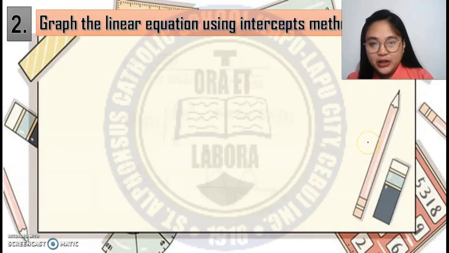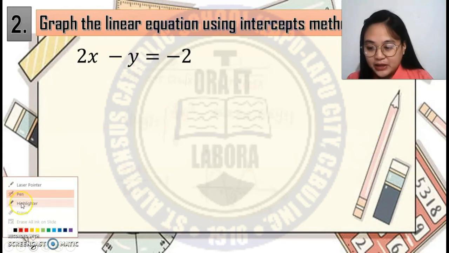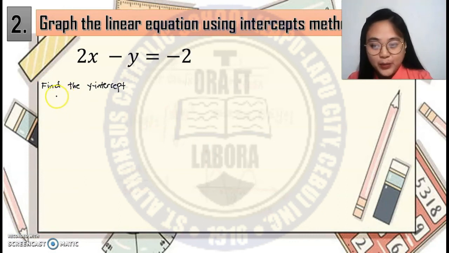Graph the linear equation using the intercepts method. Given 2x minus y equals negative 2. The same manner that we have done in the first example, find the y-intercept. In finding the y-intercept, we will let our x be equal to 0.